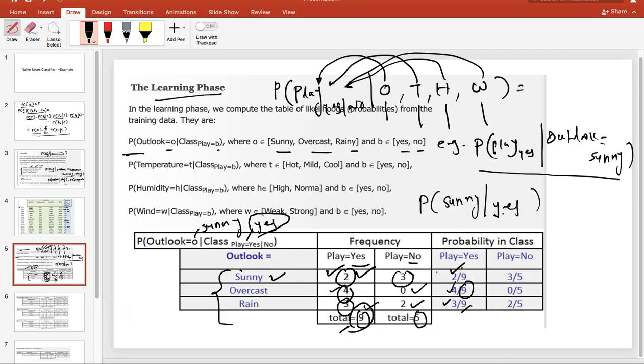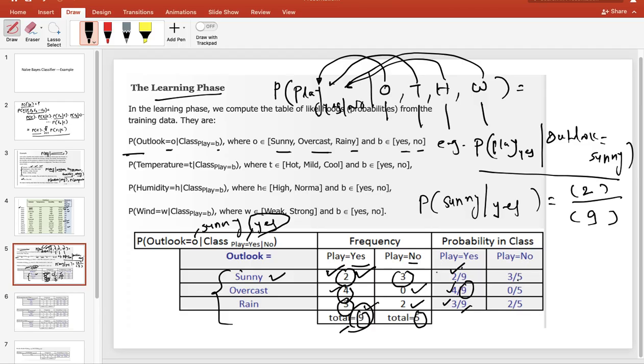That is nothing but how many times it was yes, and out of those how many times it was sunny. So desired by total: 2 days it was sunny, and 9 days we played, right?